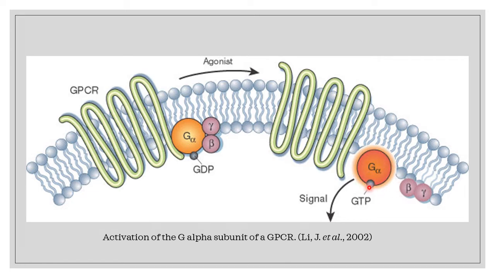The G-alpha will dissociate from the receptor and the G-beta gamma, and GTP is exchanged for the bound GDP, which leads to G-alpha activation. The G-alpha then goes on to activate other molecules in the cell. So these are just the preliminary processes that are important in order for glucagon to produce its physiological effects.